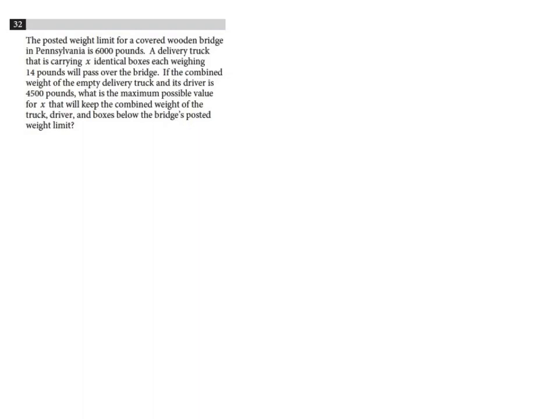And we know that the truck without anything in it is going to be 4,500 pounds. But we know we're going to add to that the weight of the cargo, the weight of the boxes. And we know that we have x boxes, and they each weigh 14 pounds. So 14 times x should be the weight of all of the boxes combined.